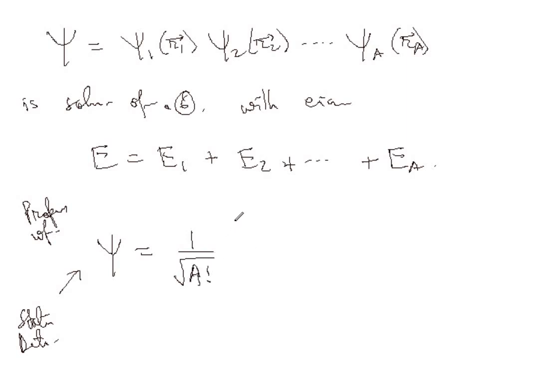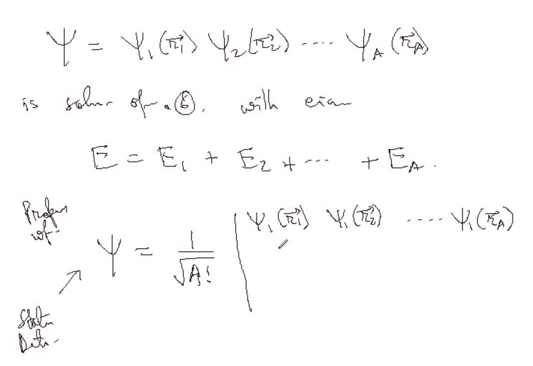So it is written like this, 1 over square root of factorial A, and here we have psi 1 R1, psi 1 R2, psi 1 RA, and here we have psi A R1, here psi A RA.